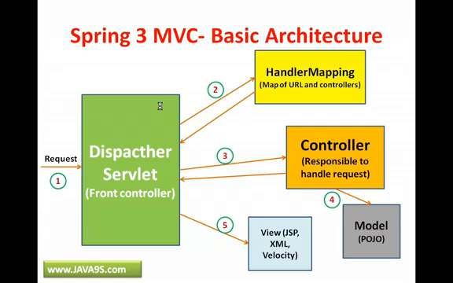The view resolver will look at what view has been configured, and if it is a JSP or a Velocity, based on the configuration the view will be prepared, and the information from the model, if it is a POJO, will be accessed from that bean and put into that view, and the response will be sent back. So the view relies on the model to get some information to be put into that page, and the response will be sent. So this is the basic architecture of Spring 3 MVC.